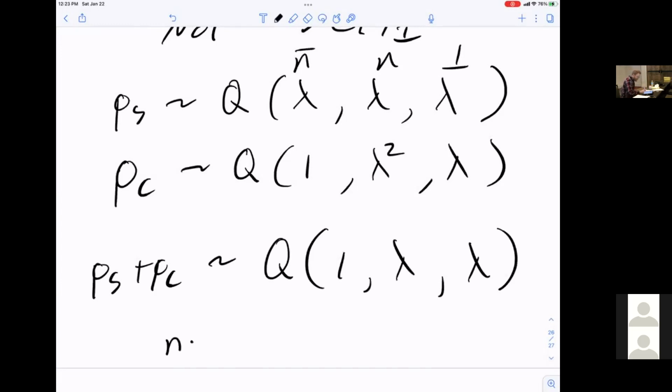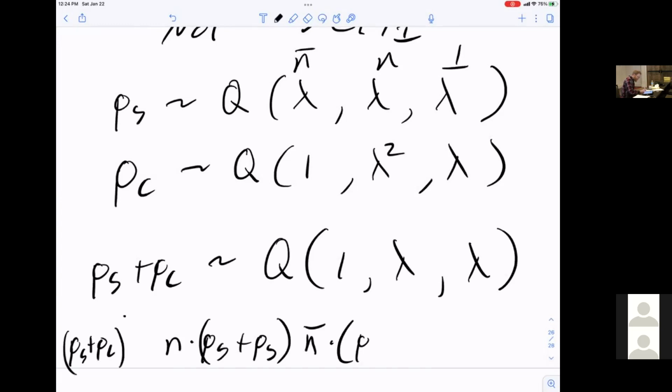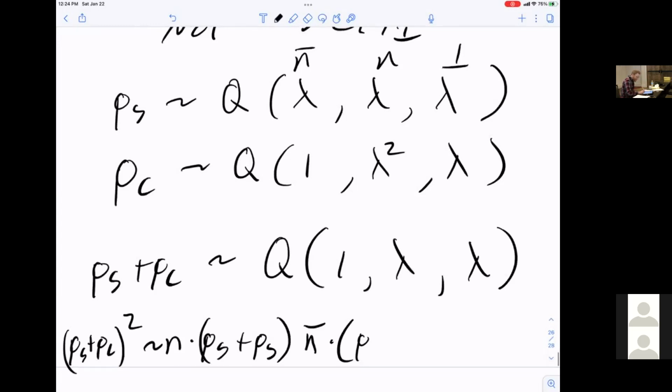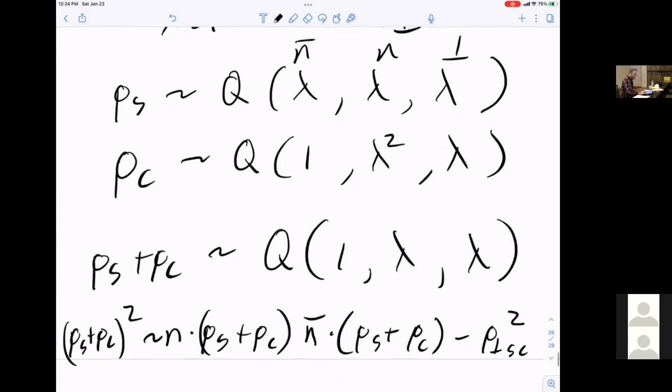Another way to see it is that if I look at P soft plus P collinear squared, this is the sum of both the soft and the collinear momentum.